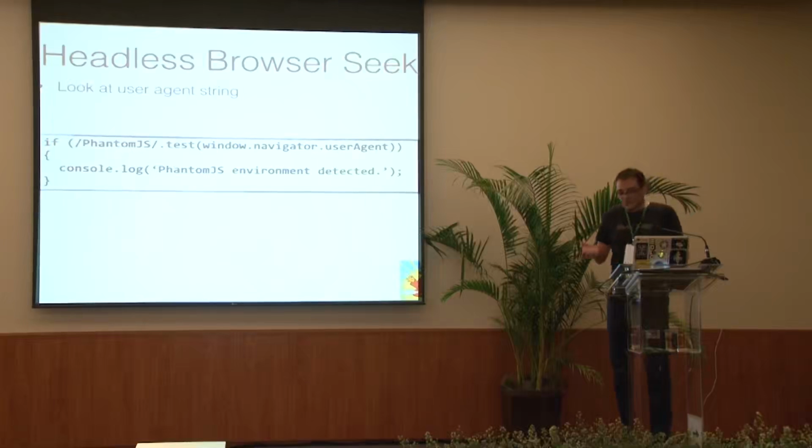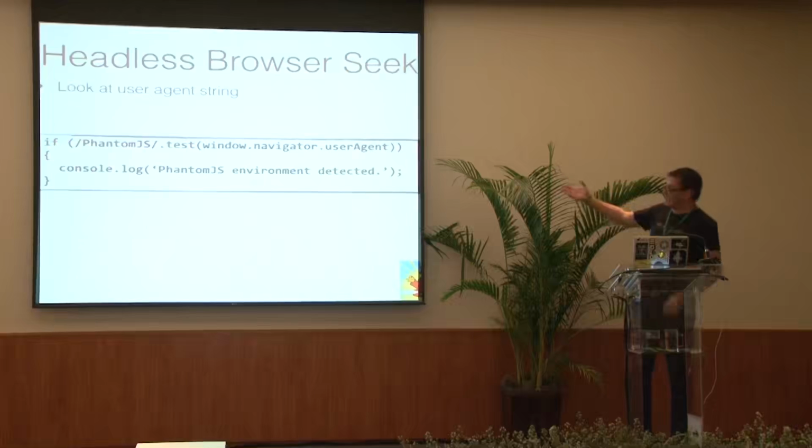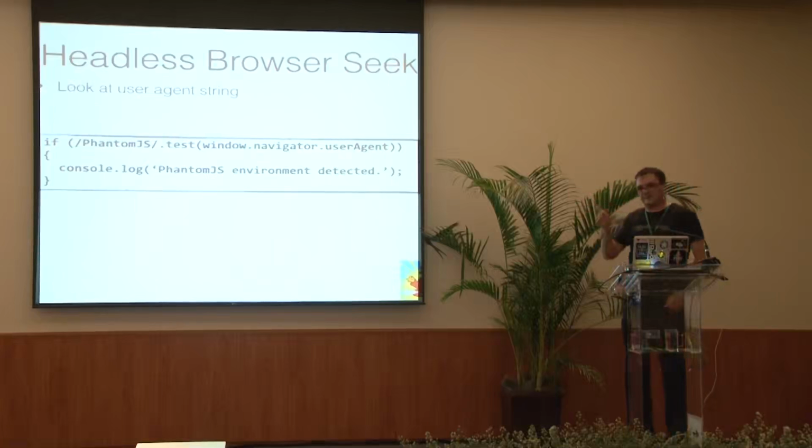So the easiest detection should be something like this in PhantomJS: you just test if window.navigator.userAgent of the browser that visits your website contains PhantomJS, because every version of PhantomJS by default contains the PhantomJS word in the user agent. So that should be enough, right? To detect if it's Phantom or not.